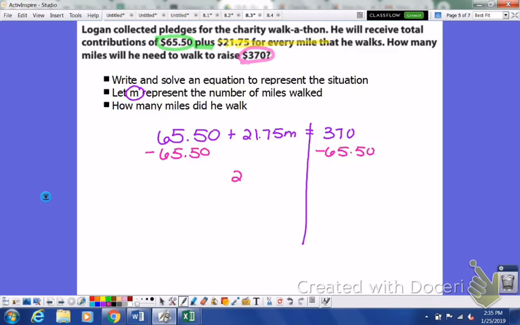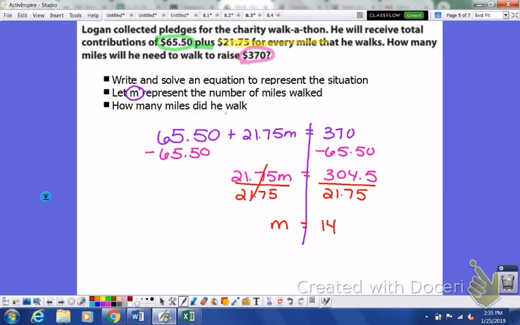Leaves me with a positive 21.75 M equals 370 minus 65.50 is 304.50. The inverse of multiplication is division, so divide both sides by 21.75. That's 1. So we're left with just M equals, stick this in your calculator and we get 14.